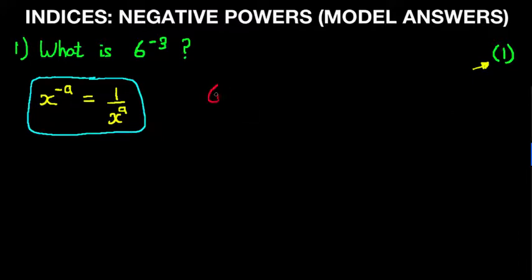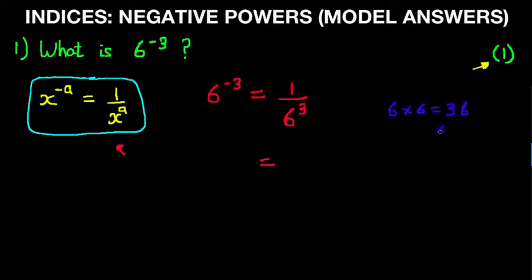So we have 6 to the power of minus 3. And using our formula, this becomes 1 over 6 to the power of 3. So what does that equal? Now we know that 6 times 6 equals 36.